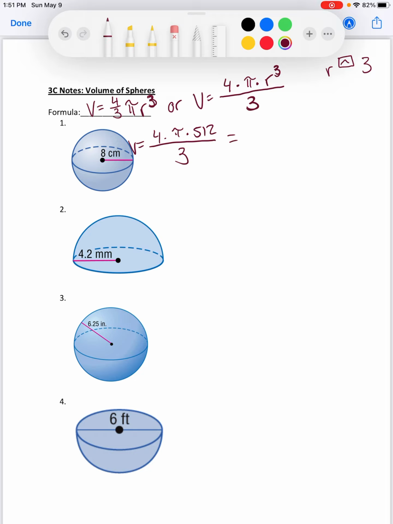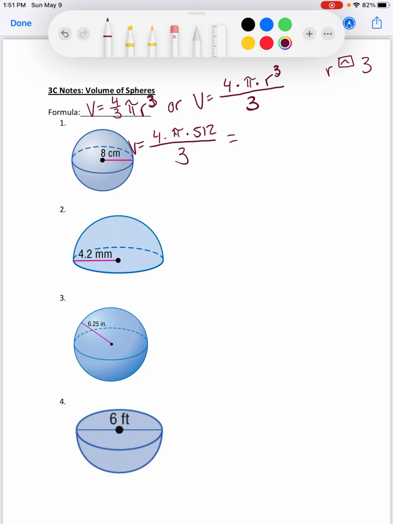Now, let's do my 512 times 4 times pi, and I get a large number of 6433.981755. And so I'm just going to put that straight in my calculator, so I have that as my answer.